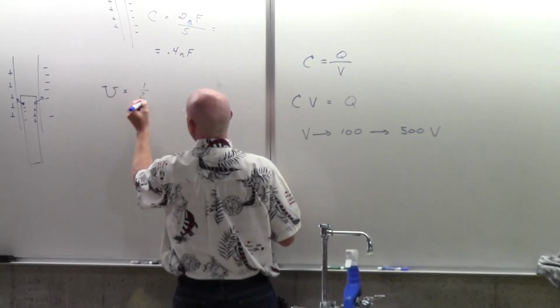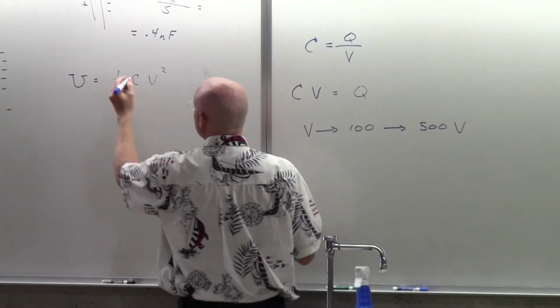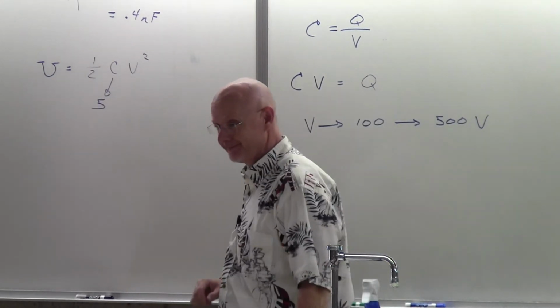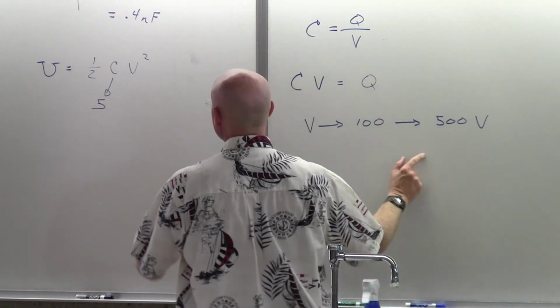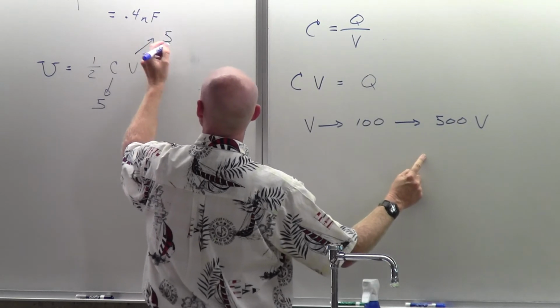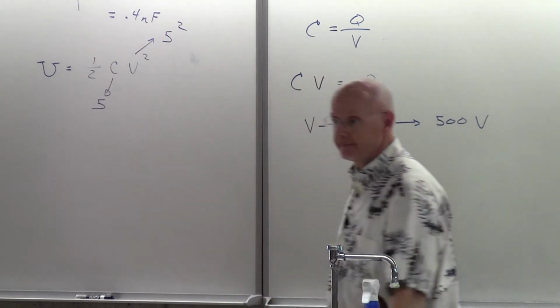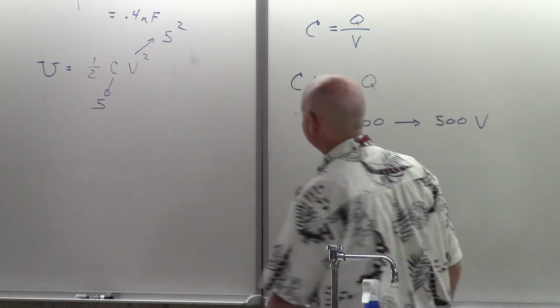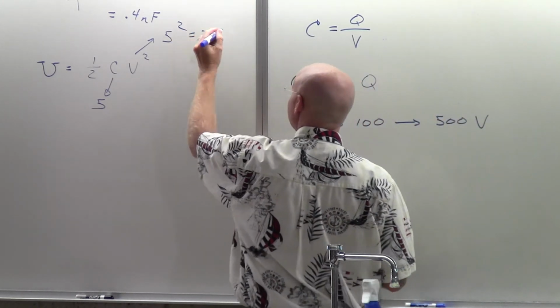The energy is 1/2 CV squared. This capacitance went down by a factor of 5. The voltage, as we just said, goes up by a factor of 5. Squared, that's 25.